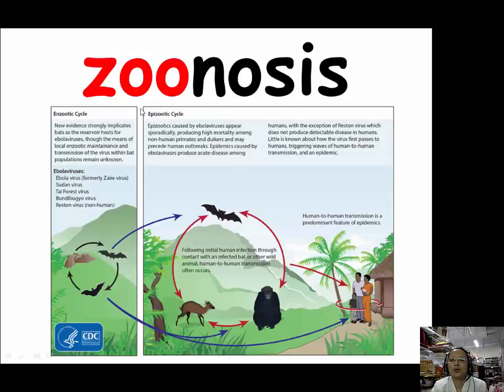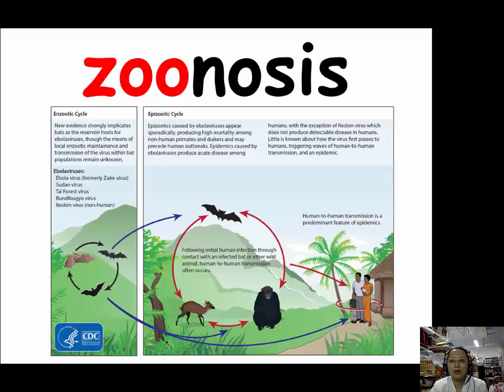For zoo, our example is zoonosis, which can also be pronounced zoonosis. Zoonosis refers to a disease that is communicable from animals to humans under natural conditions.